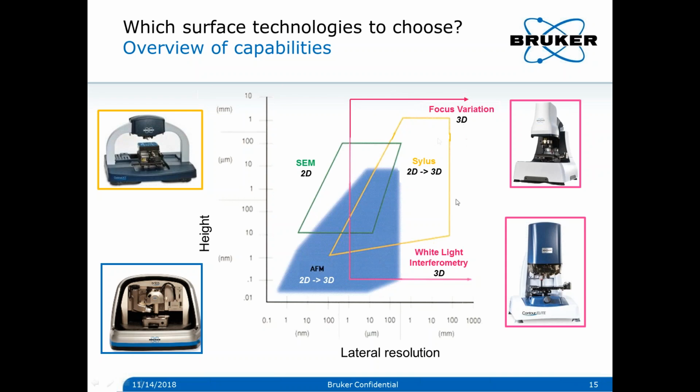The reason the stylus is still present is that if you have thin optically transparent layers below 100 nanometers, the stylus is still the reference technique to measure topography and thickness of those thin films.